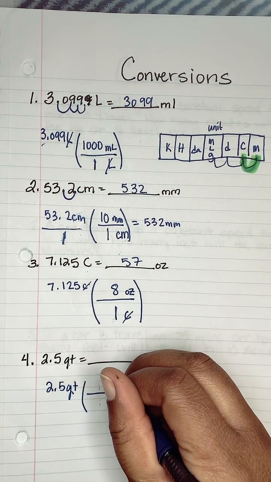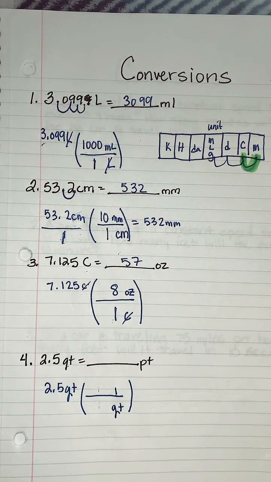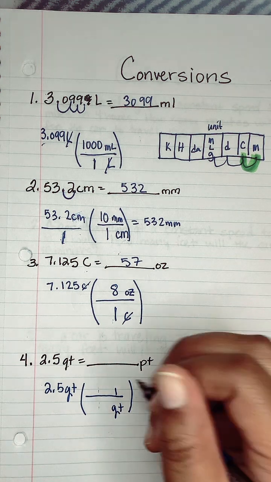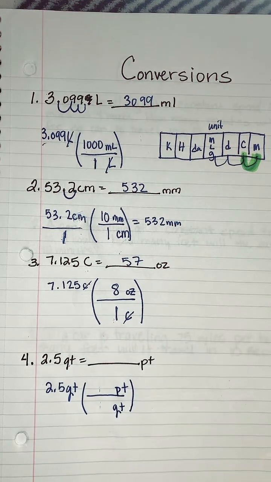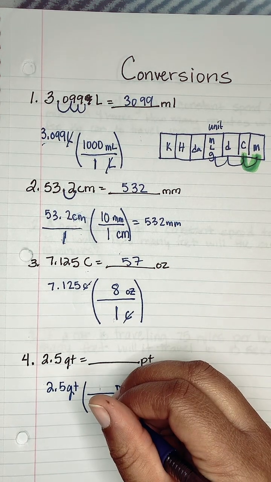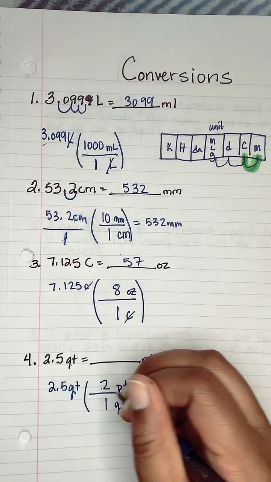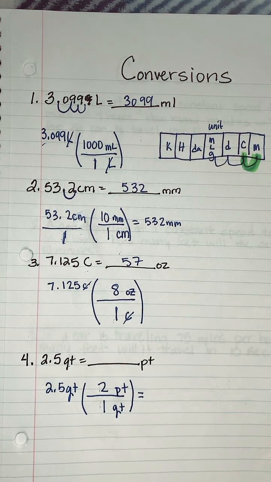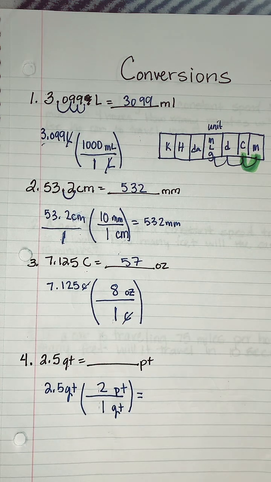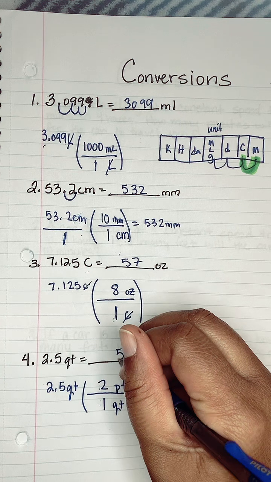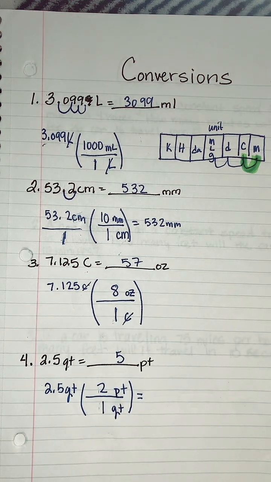So we're going to do quarts into, is it quarts into pints? Yes, quarts into pints. Okay, all right. So we have 1 quart equals 2 pints. And if we have 2.50 doubled, that's 5. So we have 5 pints.